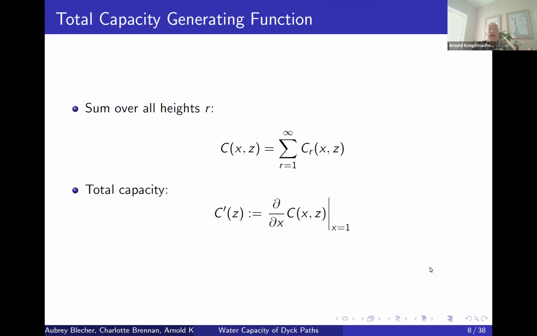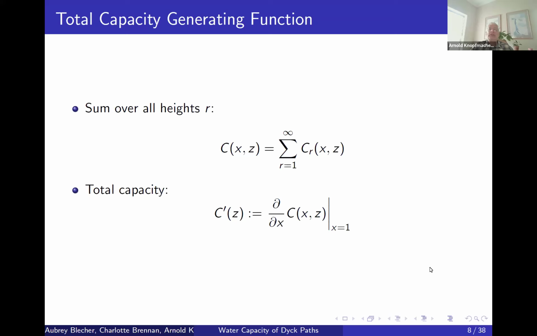Okay, now after we've done all this work, we get a combined generating function of x and z. The details are fairly technical, and so for the purpose of this talk, I'm skipping over most of the technical stuff.